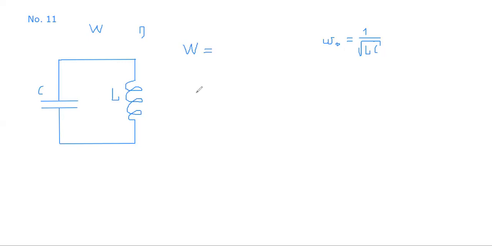We have a capacitor and an inductor. It means that energy may be equal to the maximal energy of the capacitor. The maximal energy of the capacitor can be written in this way, when all energy of oscillations is in the capacitor.